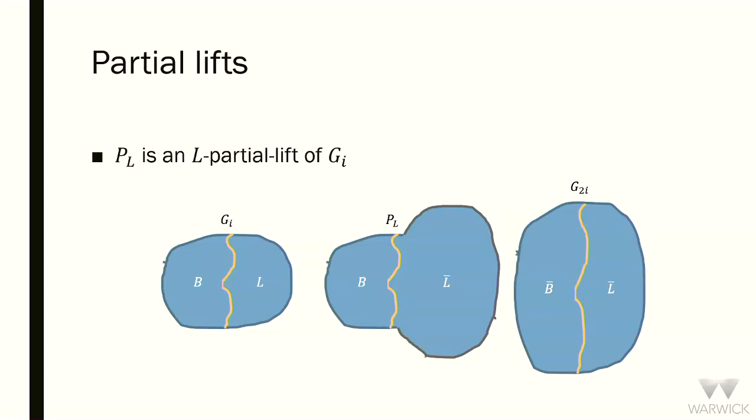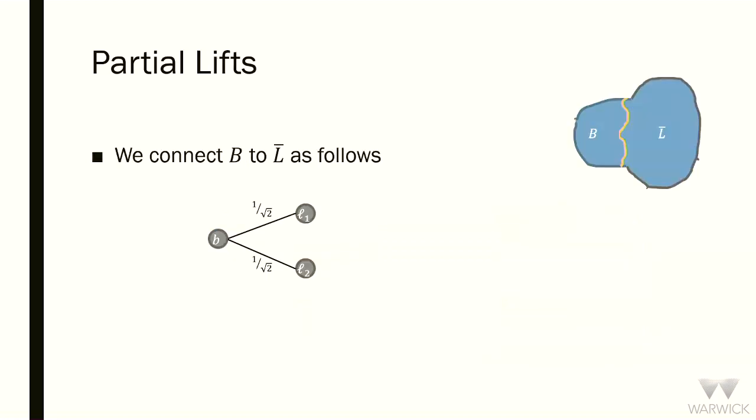So we partition the vertices into base vertices and lifted vertices. The intermediate graph is called the partial lift, the L partial lift. So we lifted only the vertices in L. And this is how I connect the vertices in the cut.